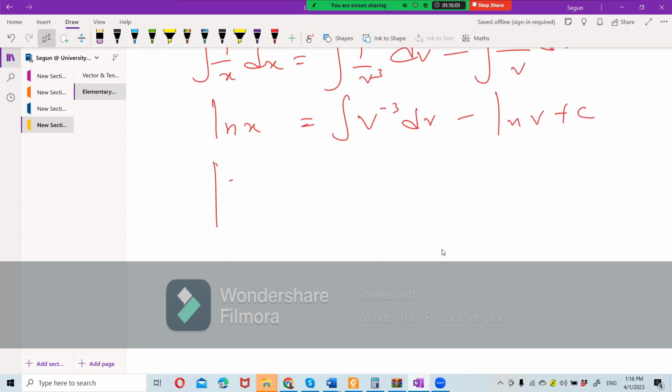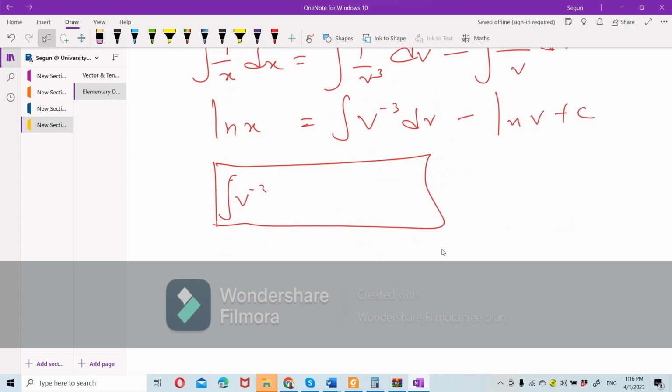Now when you integrate this one, integral of v to the minus 3, what do you have? You have minus v to the negative 2 over 2, which is the same thing as negative 1 all over 2v squared. So that is the answer for that. So I can put it here in this way.